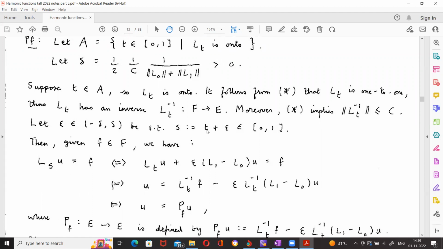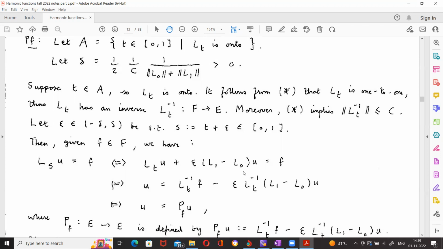So S is equal to T plus epsilon. So LS is going to, I can write this as LT plus epsilon (L1 minus L0), right? So this becomes LT U plus epsilon (L1 minus L0) U equal to F. Now I rearrange, I want to write it as a fixed point equation.